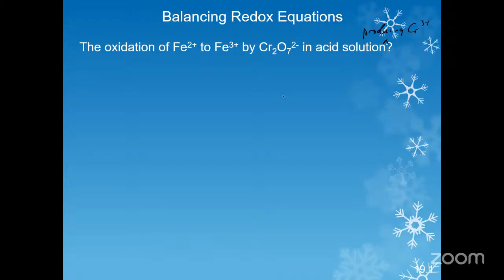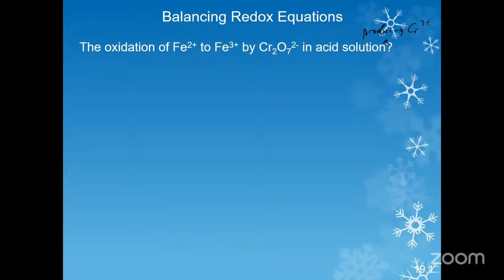So based on the statement, what would you say are the reactants of this reaction? Based on the information that is given here. It says the oxidation of Fe2+ to Fe3+.